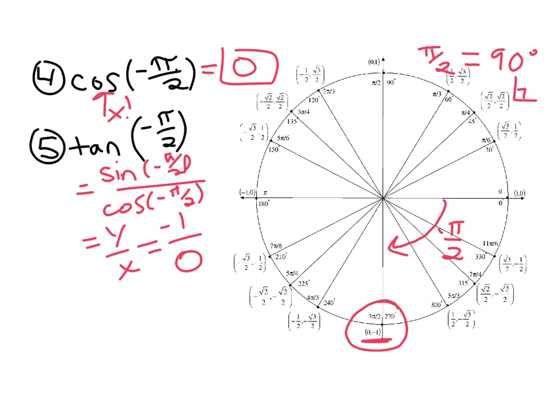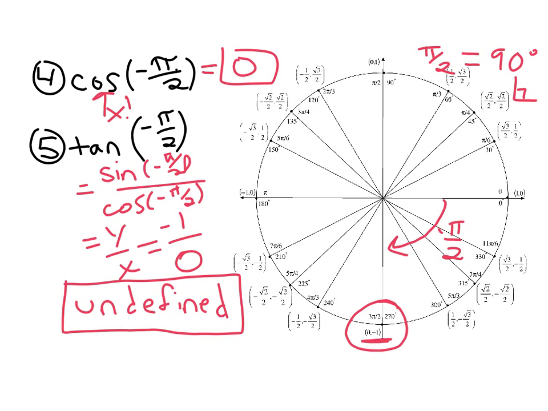Whenever you divide by 0, that's undefined. So with any of these trig functions where you take a reciprocal or you take some kind of ratio, it's possible that your denominator is 0, in which case the trig function is undefined. So your answer to number 5 would be undefined.